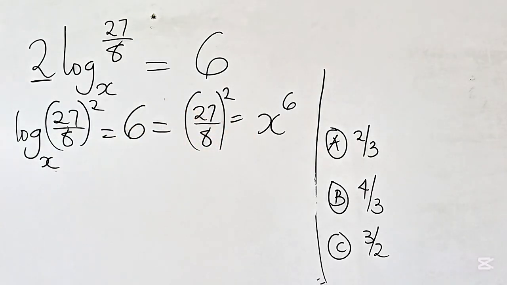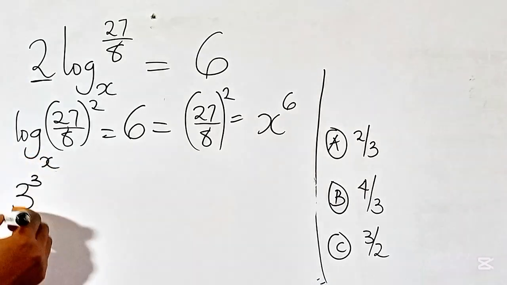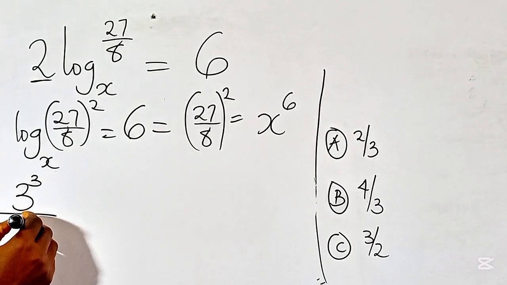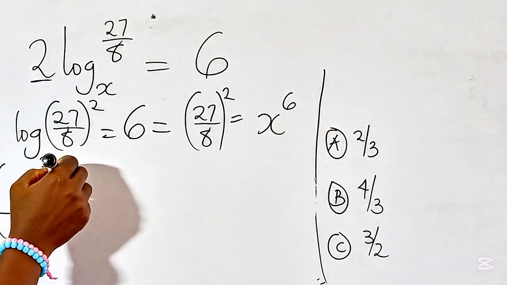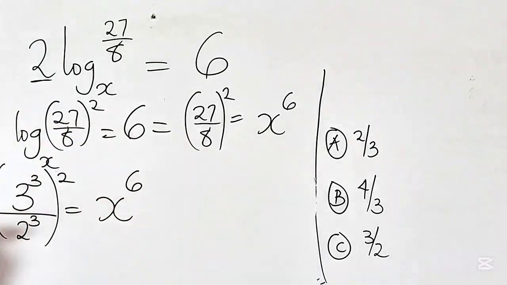Remember that 27 is the same as 3 times 3 times 3, which equals 27. So instead of writing 27 here, let's write 3 to the power of 3, all over 8, which is the same as 2 cubed, right? 2 times 2 times 2. So we have 2 to the power of 3. Then all squared is equal to x to the power of 6.